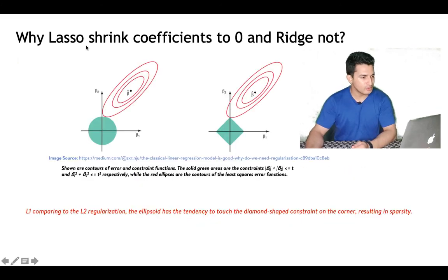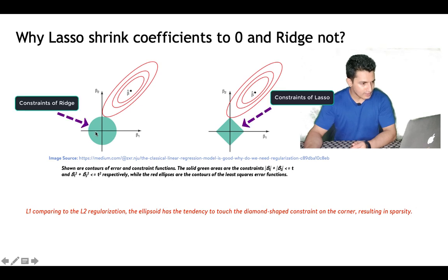Next, let's try to understand why lasso shrinks coefficients to 0 and ridge shrinks the coefficients closer to 0 but not exactly 0. If we see this graphical representation, the red lines or the ellipsoids are the contours of the loss function, while green is the constraint function added in case of ridge, and green is the constraint function added in case of lasso.